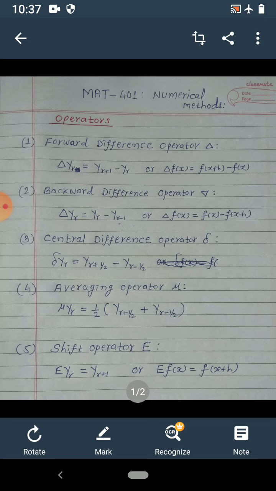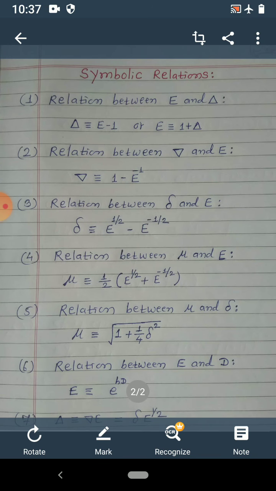Now, once we know these operators, we can obtain the relation between these operators, and we shall see this as a symbolic relation. You have to remember these relations. We can obtain them by using the definitions, but here we have only mentioned the relations.